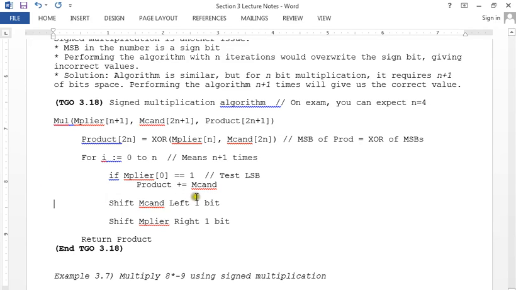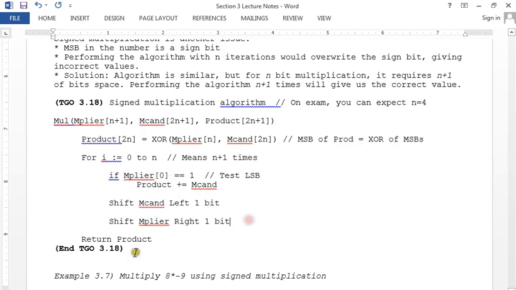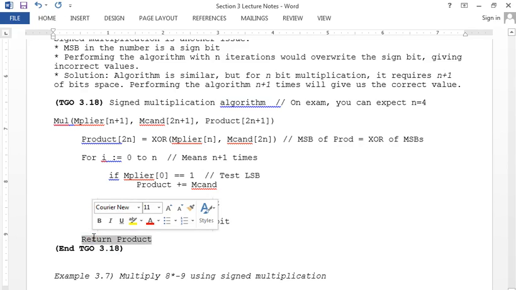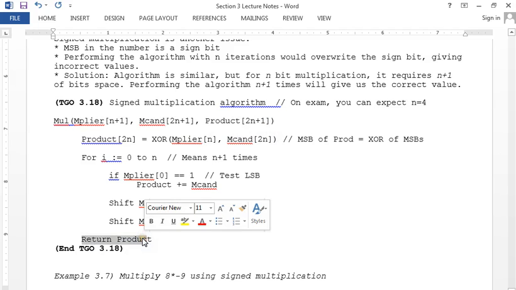Then we shift the multiplicand left 1 bit, and then shift the multiplier 1 bit. Now this is indented, which means no matter what you do in here, you're going to do this every stage of the algorithm. Okay. And then return product. So when you're writing an algorithm statement, you have to say what your inputs are, and then what you're going to send out.